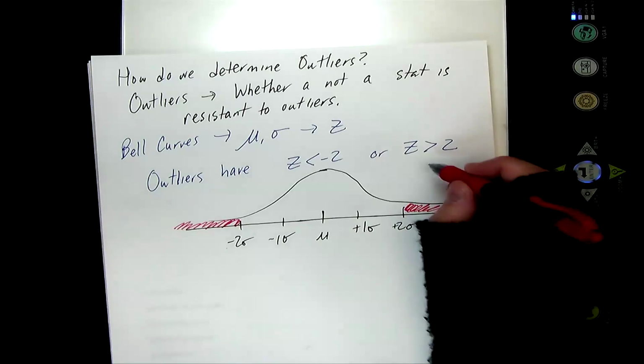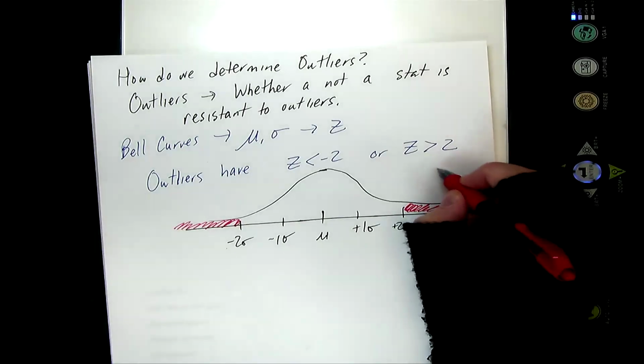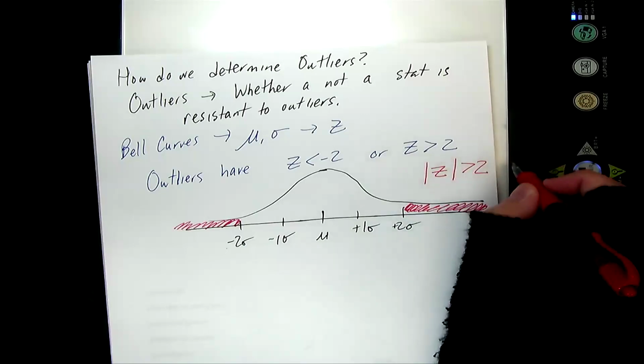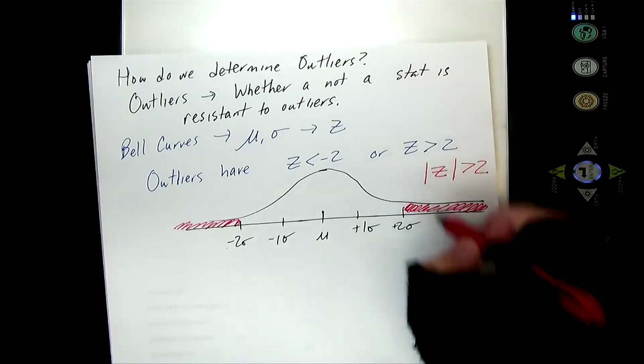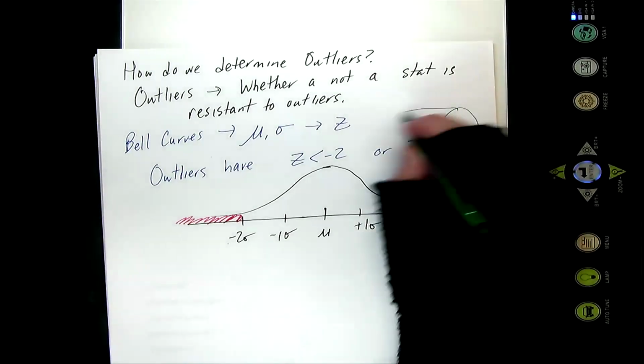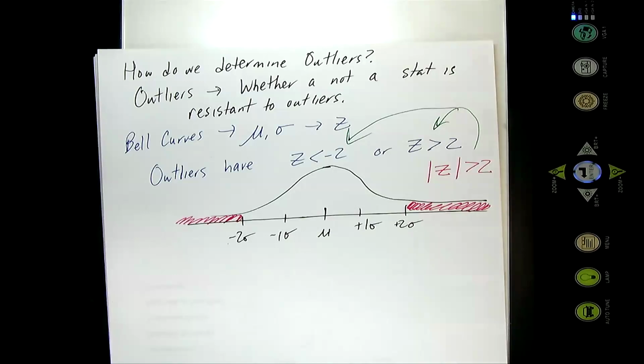You might see this listed as the absolute value of z is greater than 2. But what that means, if you split it up and don't use the absolute value, is just z's that are bigger than 2, plus or minus 2. We don't like outliers, they make our results go bad.